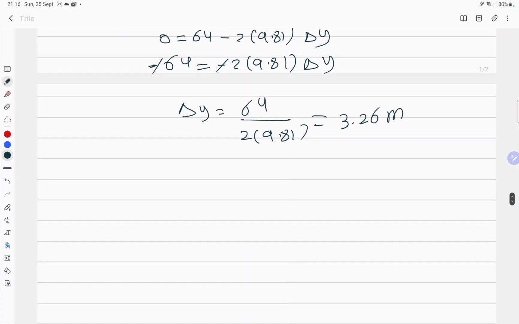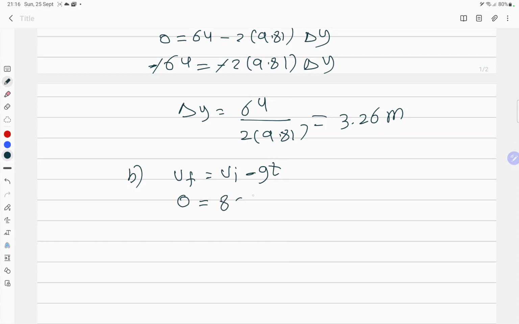For part B, if I want to calculate the half trip time, I have V final equals V initial minus GT, straightforward. V final at maximum height is already 0.